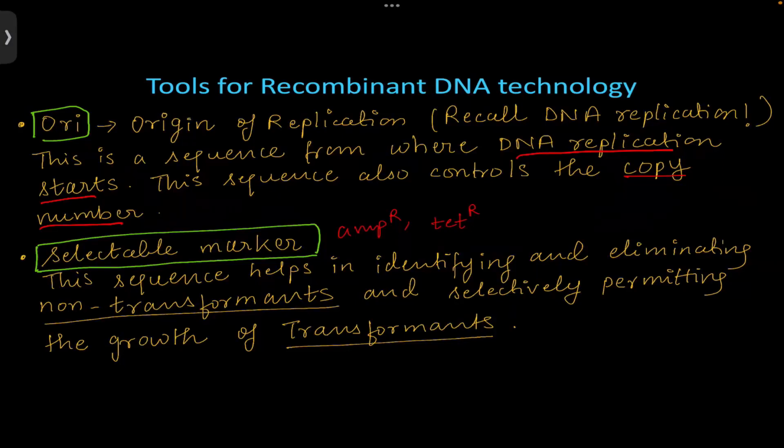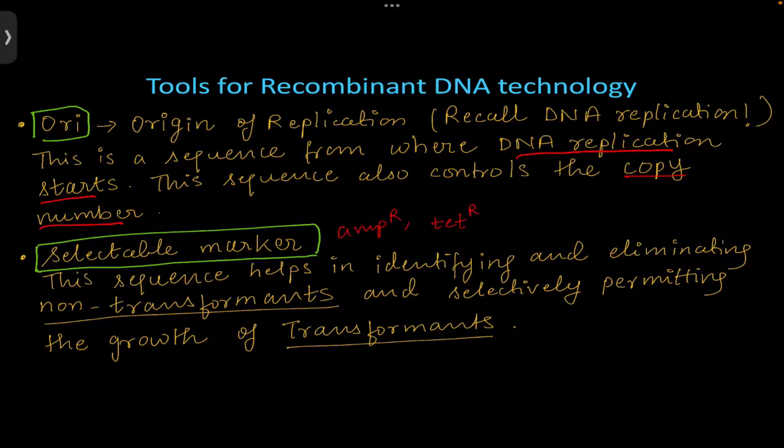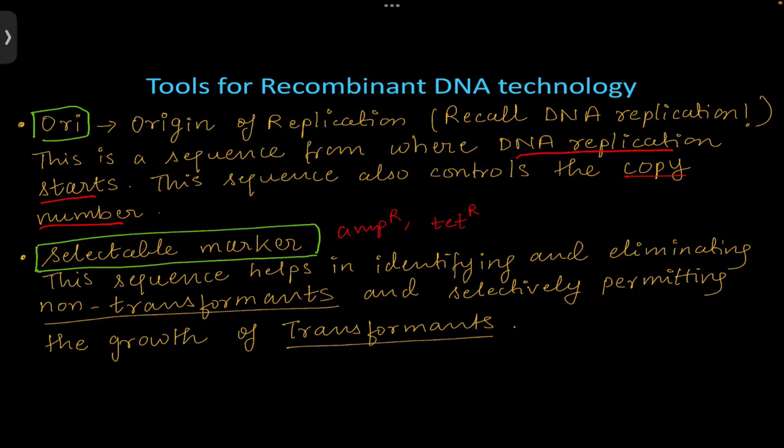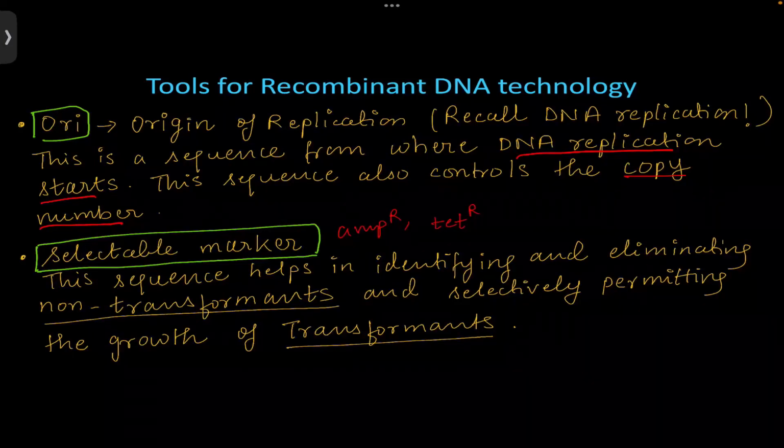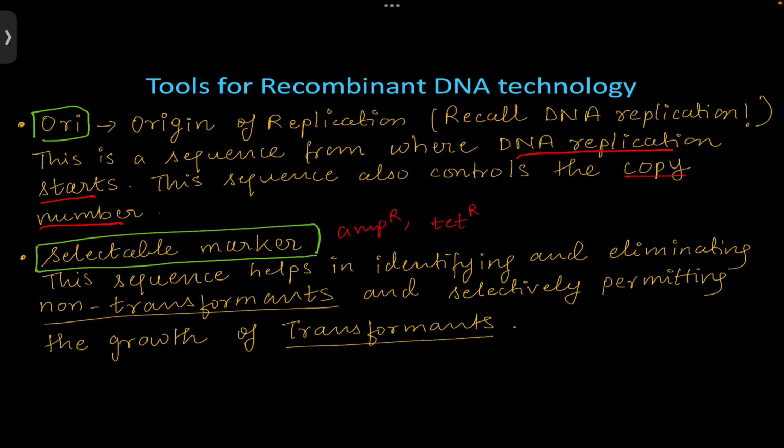The non-transformants means those cells which are not carrying your recombinant DNA, or not carrying your gene of interest, the DNA fragment that you intended to introduce within the cell, while the transformants are those in which you have introduced your gene of interest. So using these selectable markers, you can selectively identify the transformants from the non-transformants.